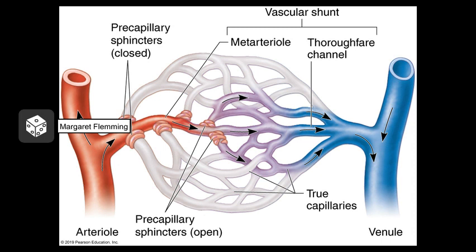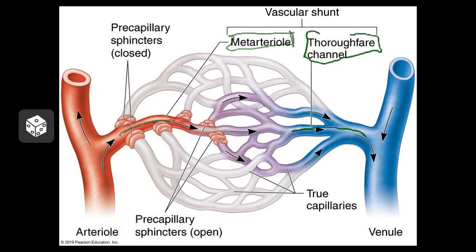Now that we've looked at the three different types of capillaries, let's look at a generic capillary bed. Now in this illustration, we can see that the arteriole ends up branching, and that blood will now enter the capillary bed. This is often referred to as the metarteriole, and beyond that is the thoroughfare channel.